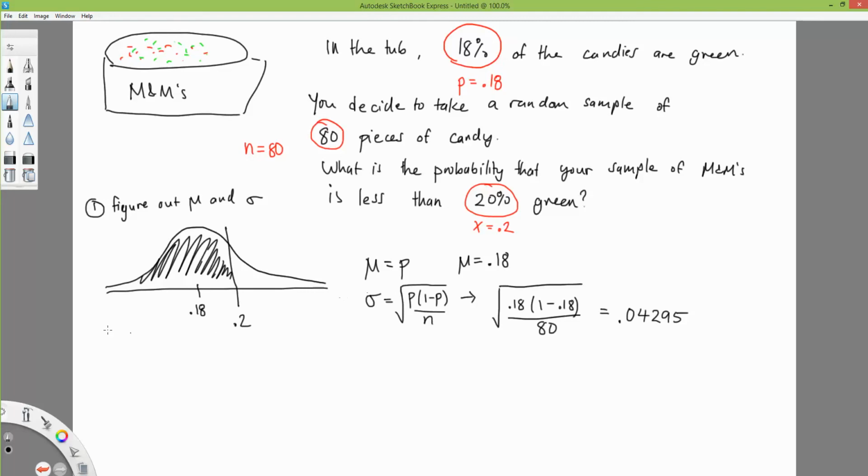Step two, find your z-score. So my z is going to be what? 0.2 minus 0.18 divided by 0.04295, or whatever goes there.